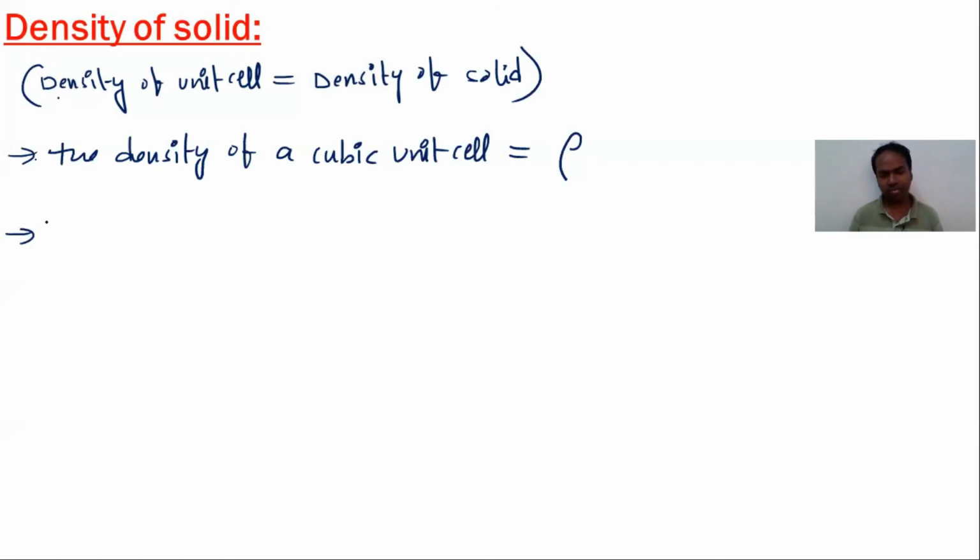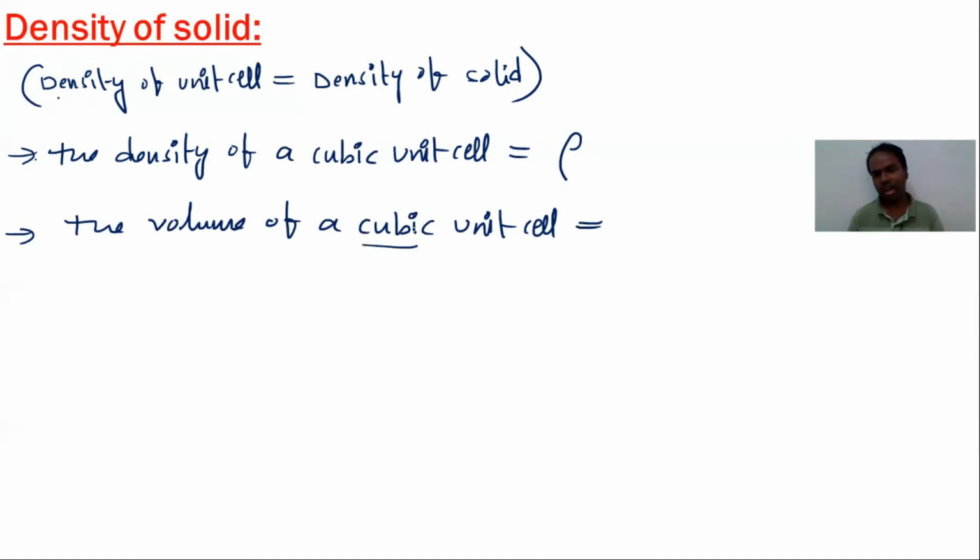Let us take the volume of a cubic unit cell is a cube. For a cube, width, height and length are all equal. So rho is the density and a cube is the volume. There is a basic formula: density is equal to mass by volume.